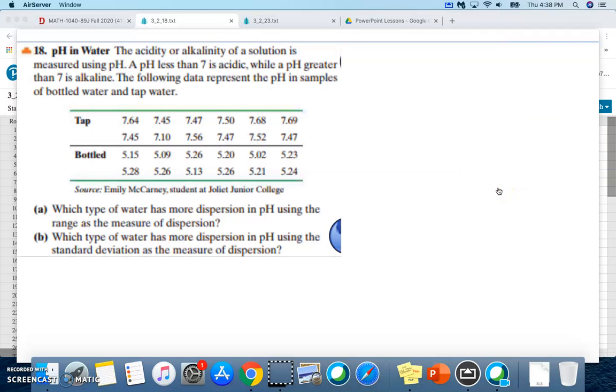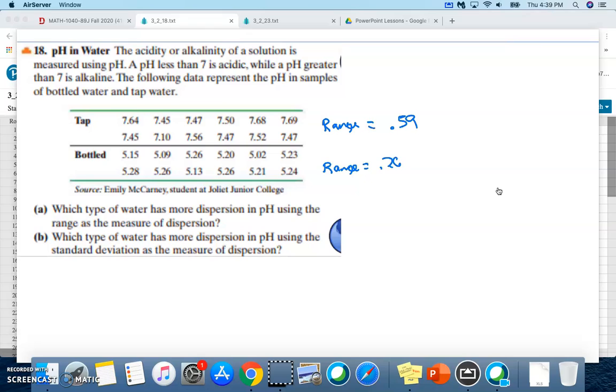So there's much more dispersion in the range of the tap compared to the range of the bottled water.